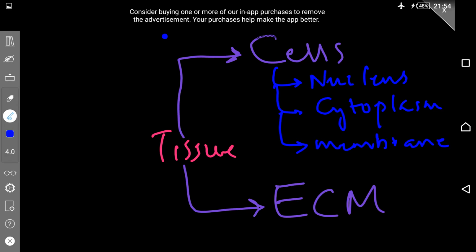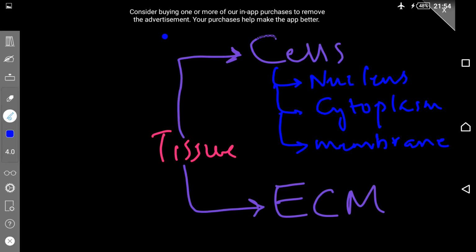Every cell in the body, no matter what type of cell it is, no matter what shape it has, no matter what function it does, will have a nucleus, will have a cytoplasm, will have a membrane covering this cytoplasm and nucleus. No matter what type of cell it is, in one of the steps of its life, it will have a nucleus, cytoplasm, and membrane.